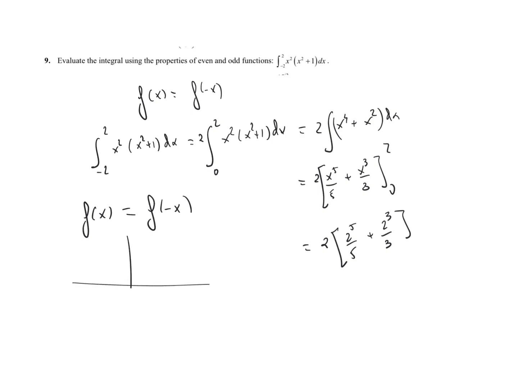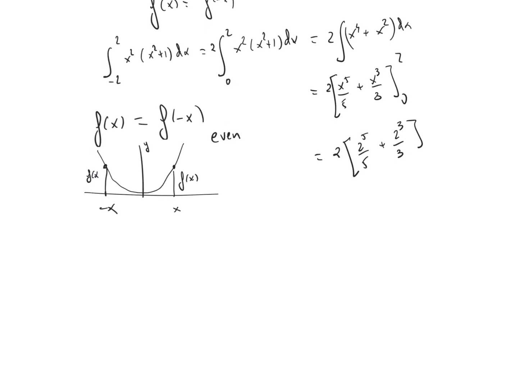This means that whatever value you find at x, if you go to the point minus x, exactly on the opposite side, the value of the function is also f of x. So the function is symmetric with respect to the y-axis. This is an even function.